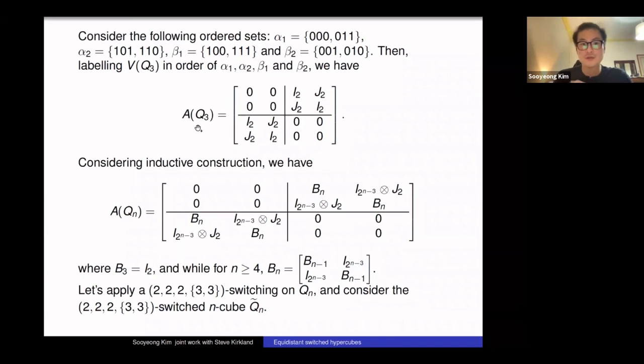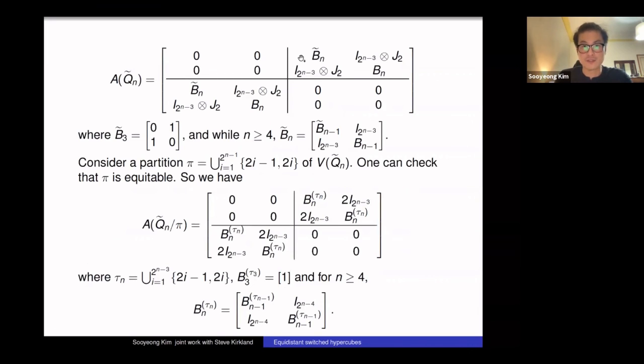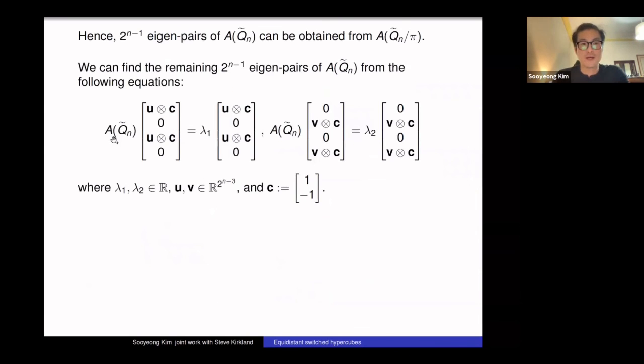So constructing a hypercube in this way according to a particular ordering of the binary strings, we can apply equidistant switching here, and then we apply some equitable partition. And then we apply some equation here. As you see here, C is 1 and -1, which cannot be obtained by equitable partition. So we have to apply some other method here. This is just by observation.